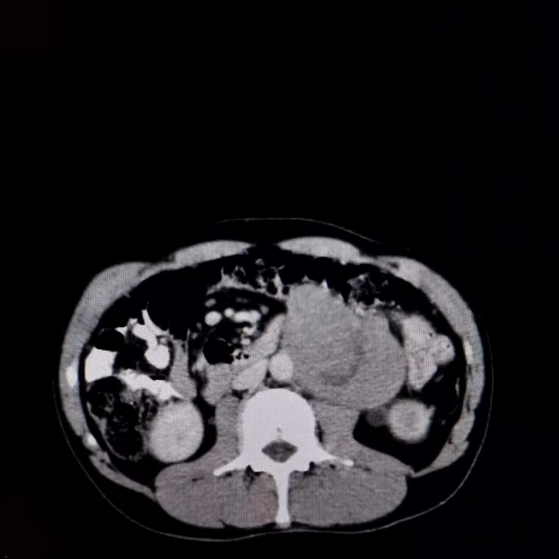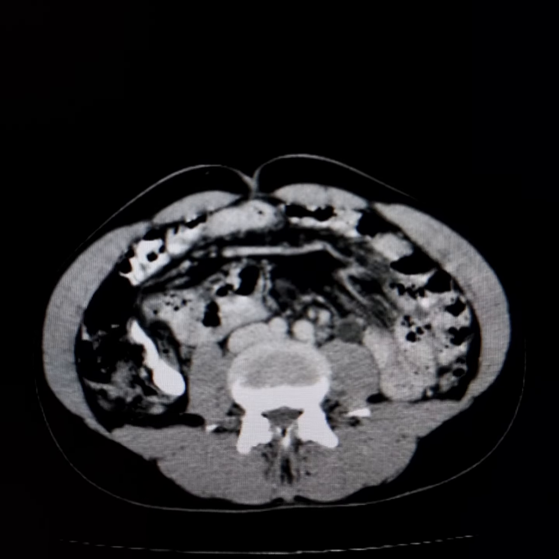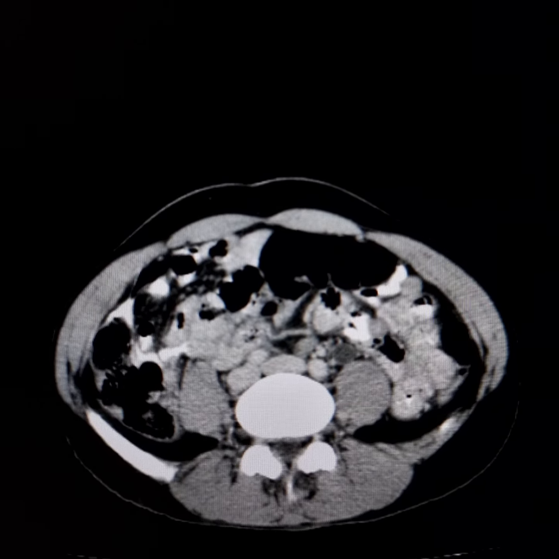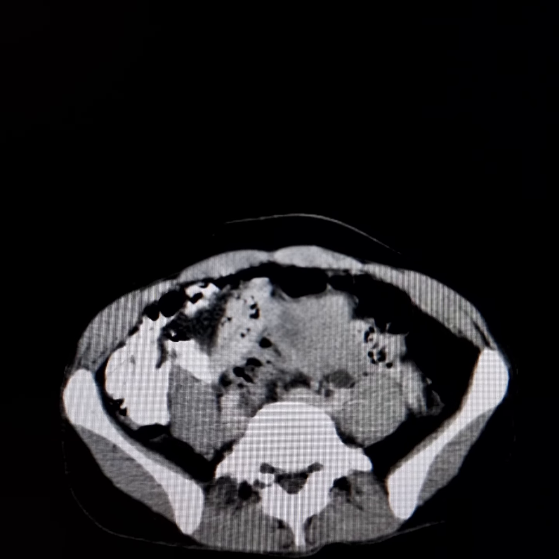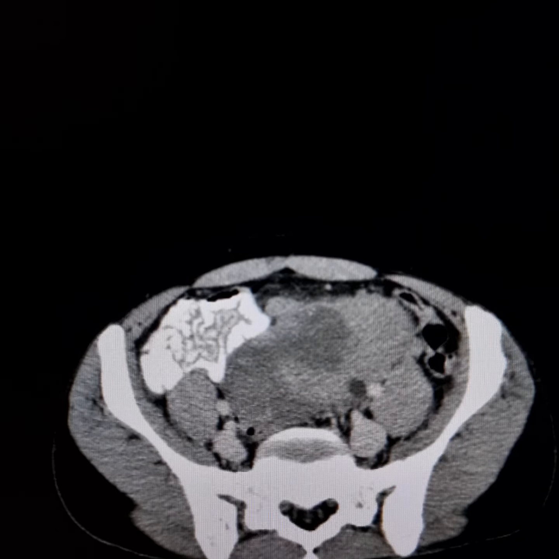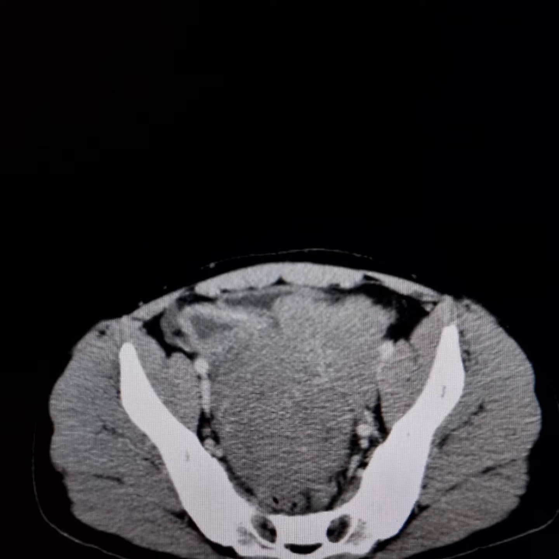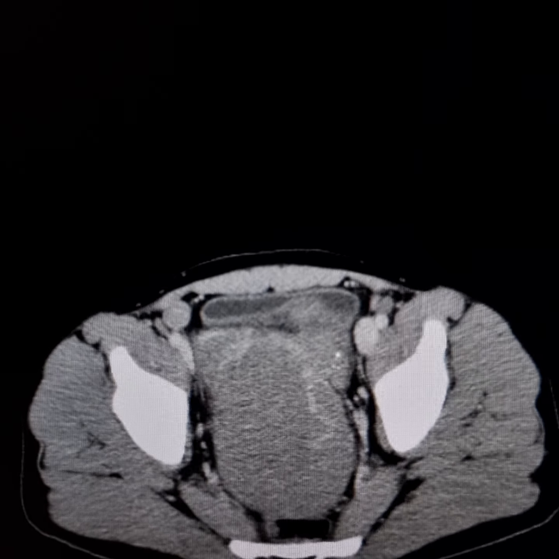So we must look into each and every corner of the images provided to us to gather any information related or unrelated to the pathology.